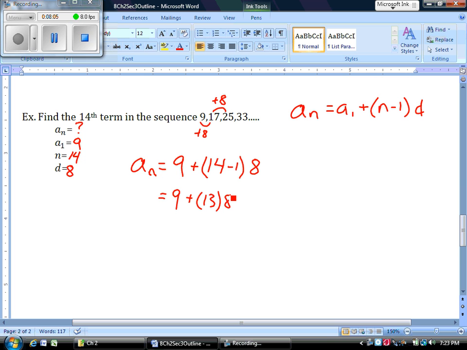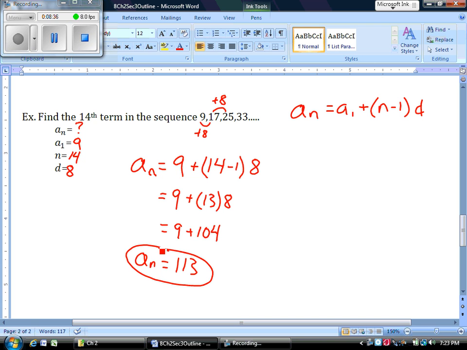I do 8 times 13. Oh, I know 10 times 8 is 80. 8 times 3 is 24. So I'm going to get 104. 9 plus 104 gives me 113. So the 14th term of the sequence is 113.